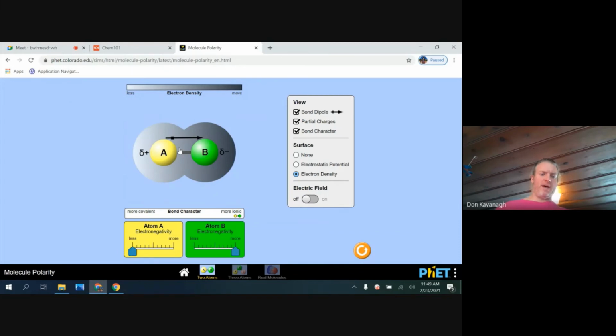I'm going to reset back to potassium fluoride, where they're on opposite ends of the periodic table. A very ionic bond, because one's a metal, one's a non-metal. One has a very low electronegativity, and they have very different electronegativities. These sliders are on opposite ends. See how the less electron density is on the partial positive side?